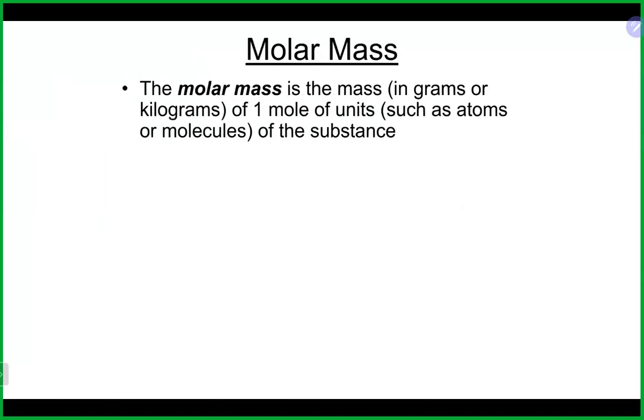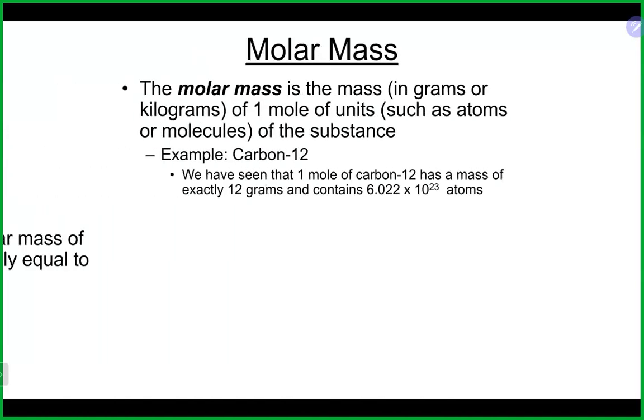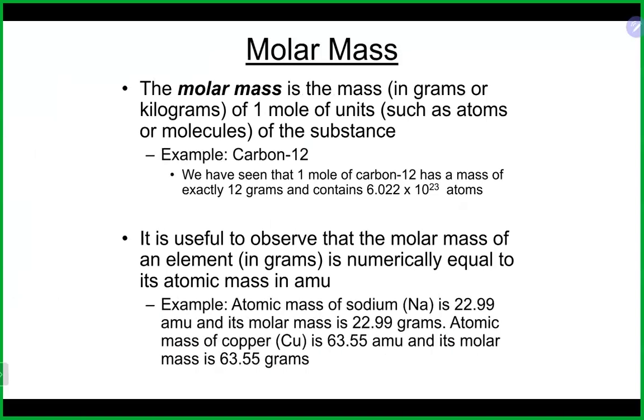Another really important, honestly, conversion factor is molar mass. And molar mass has units of grams per mole. And where we calculate the molar mass is from the periodic table. So we go to the periodic table. We look up hydrogen on the bottom. It says 1.008.